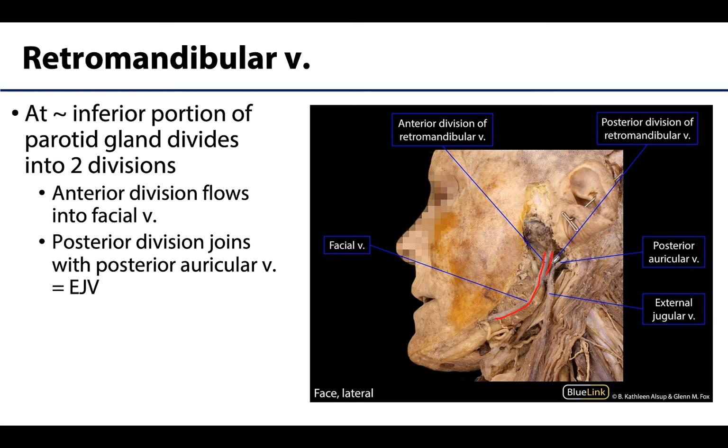The posterior division will join with the posterior auricular vein, which is posterior to the ear, to form the external jugular vein. And hopefully we remember the external jugular vein. It's one of those superficial veins of the neck. You can see it running superficial to the sternocleidomastoid muscle right here.